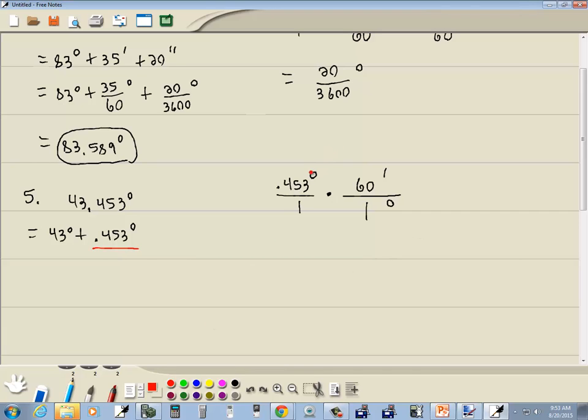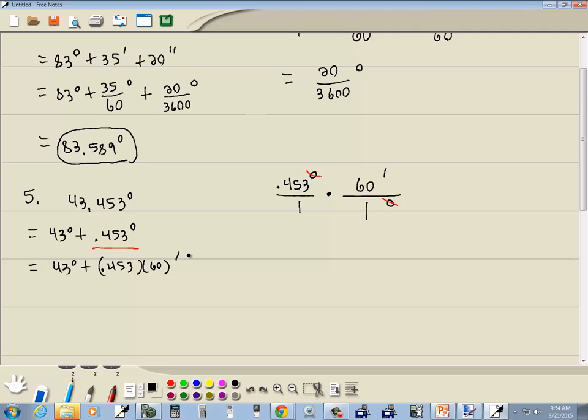Now dimensional analysis would have us cancel those degree marks. I kind of missed it, but let me try it again. There we go. So it looks like in order to convert this to minutes, we have to multiply by 60. So I'm going to take my 0.453 and I'm going to multiply it by 60.